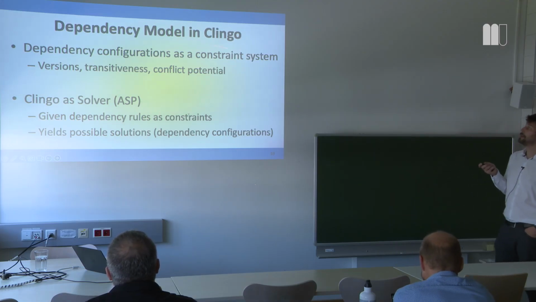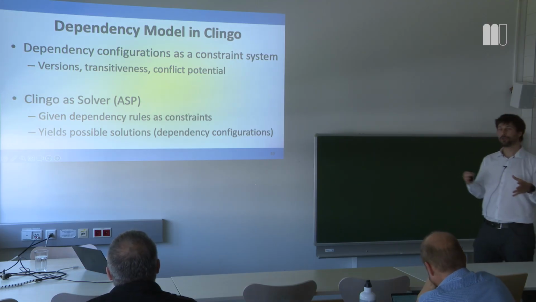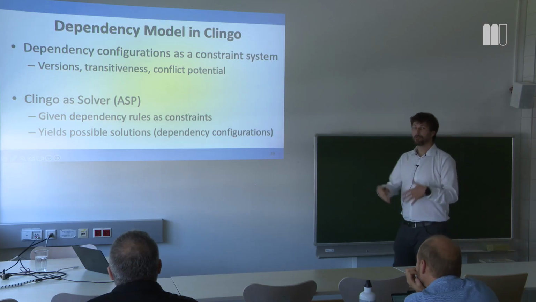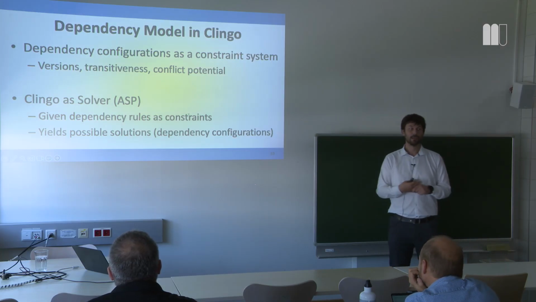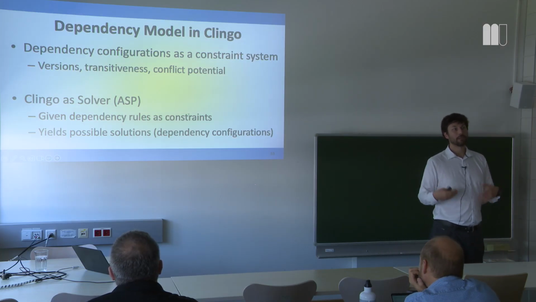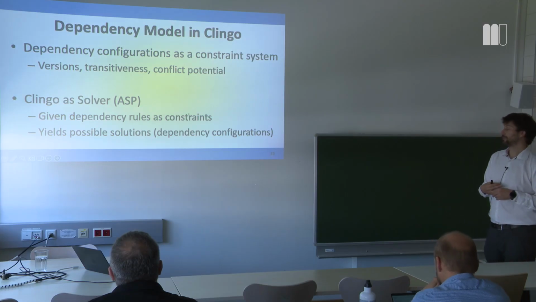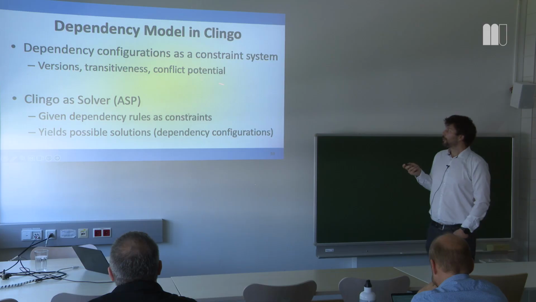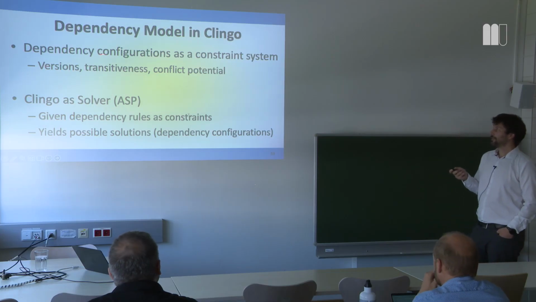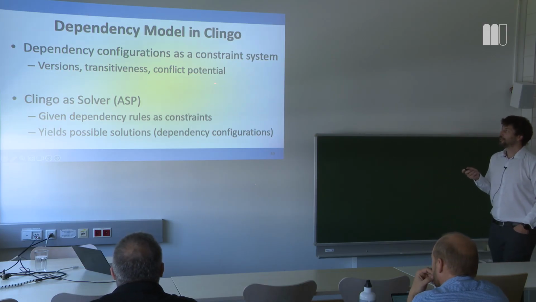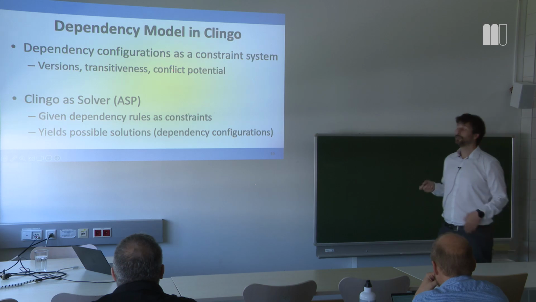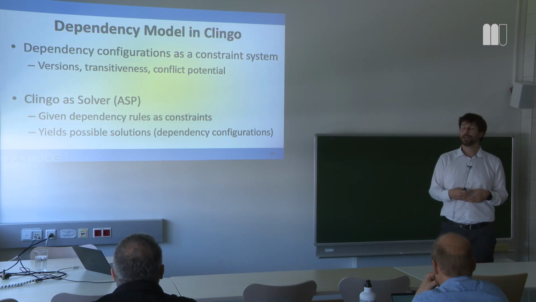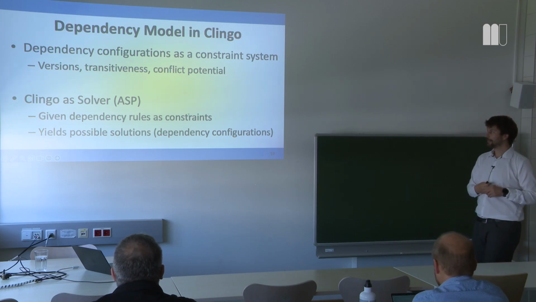In that sense, we use a Clingo solver. We formulated all the projects in rules and facts for Clingo, because then we can derive the problematic smells for our project. What we have to consider here are all the versions that exist, all the transitiveness that exist, and also, of course, the conflict potential, which means we then have to formulate all the smells that we have in Clingo rules to derive the smells.